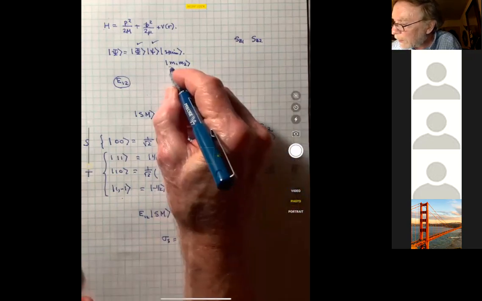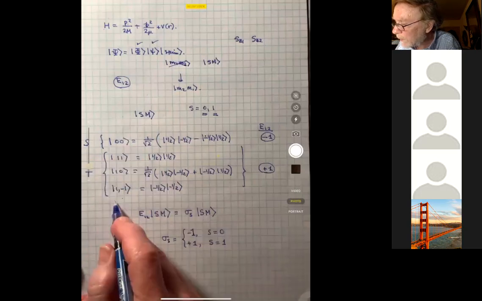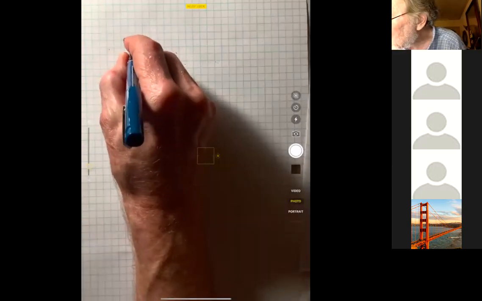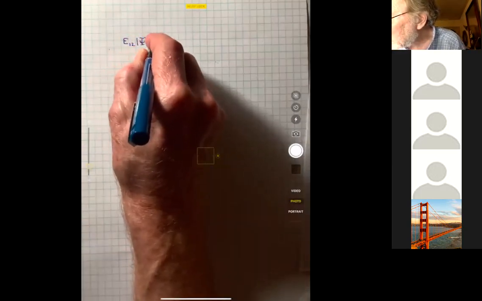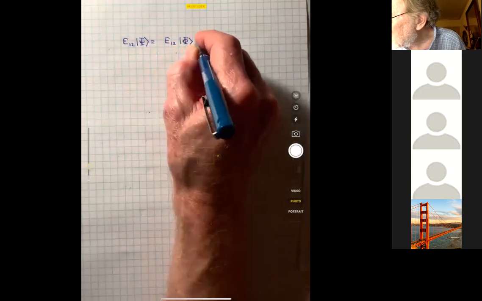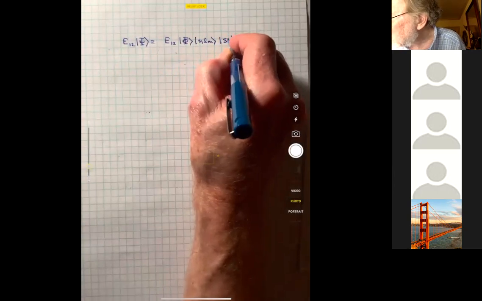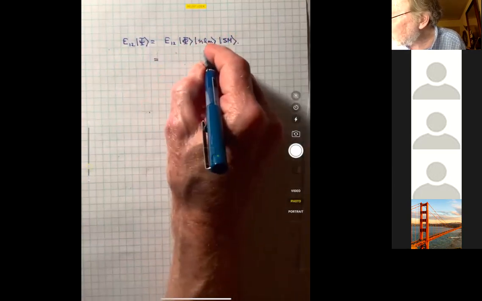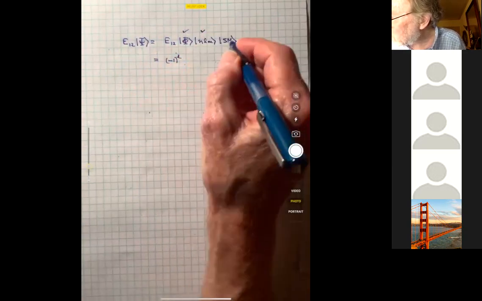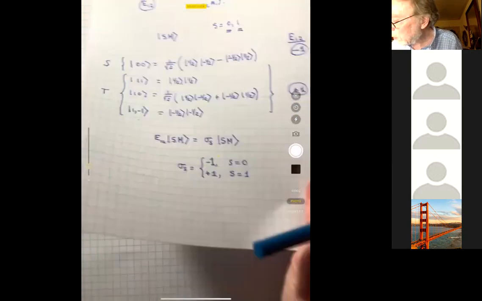So what we want to do is take these spin states and replace them by S and M like this, where there are the four possibilities of S and M. And if we do this, then what we find is that E12 acting on the energy eigenstate psi, which is the center of mass part times the relative part, NLM, times now the spin part SM, gives us a phase factor: nothing from the center of mass part, (-1) to the L coming from the relative wave function, and then sigma sub S coming from the spin part, where sigma sub S is defined over here.